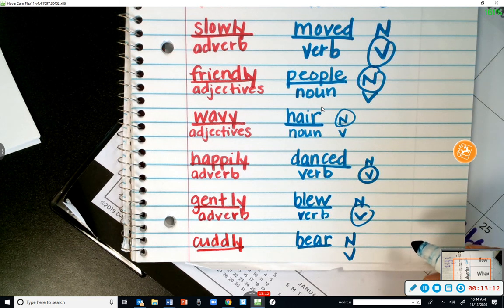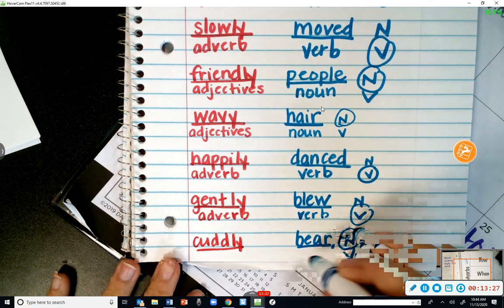Remember, verbs are something you can do. Is bear something you can do? No. So what does that mean? If it's not a verb, it's what? A noun. It's a stuffed bear.